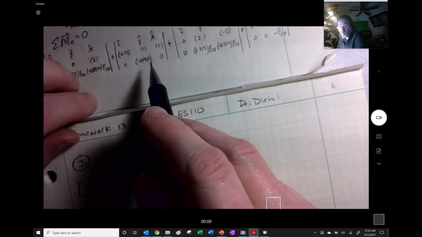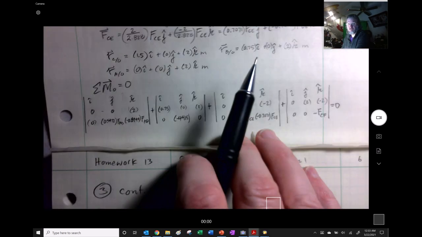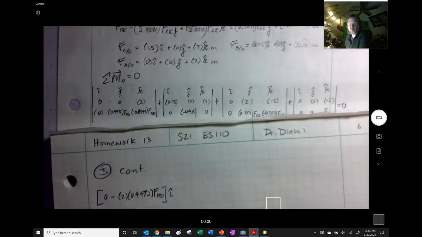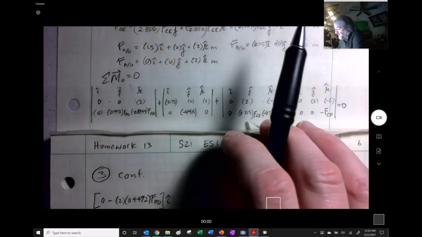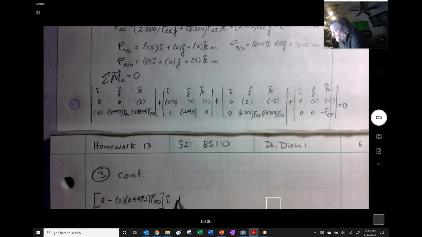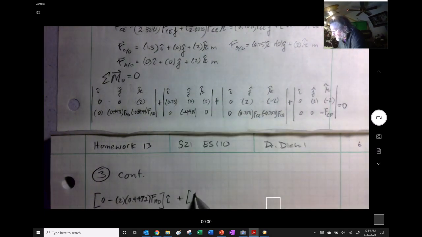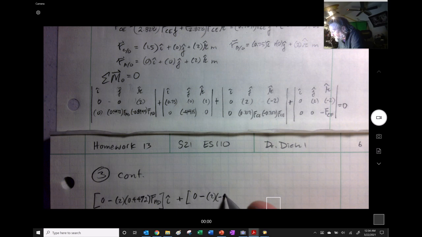All right, so here, bracketology. We take the i. Oh, we have one for the i here. All right, so we have plus, and that's going to be that guy minus that guy, right? So it's going to be 0 minus, but now we have 2 and a minus 4415 right there, right?